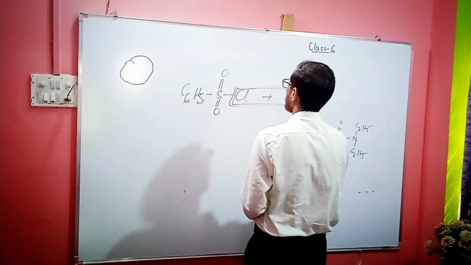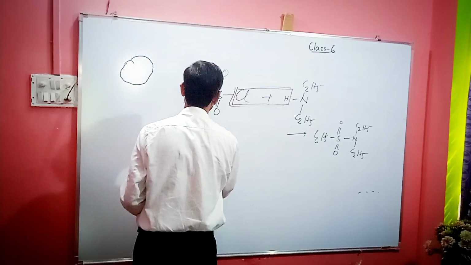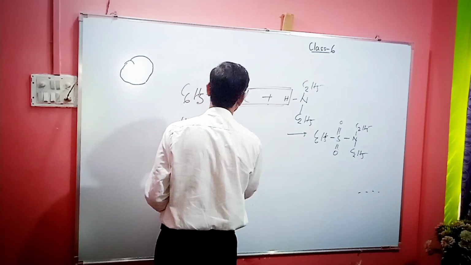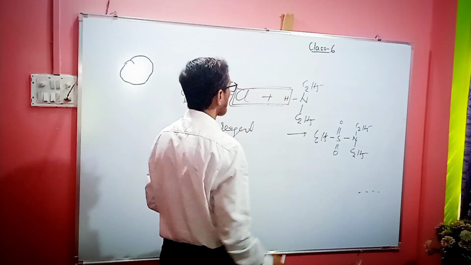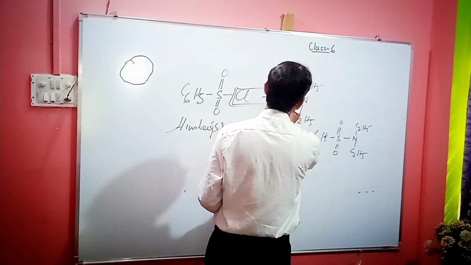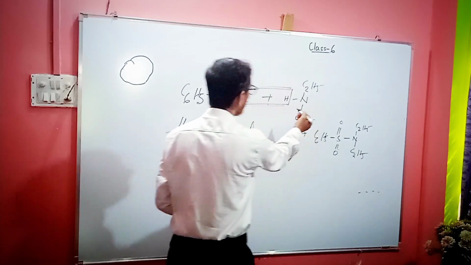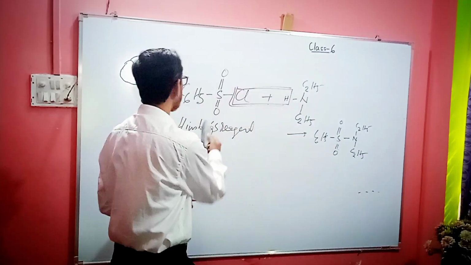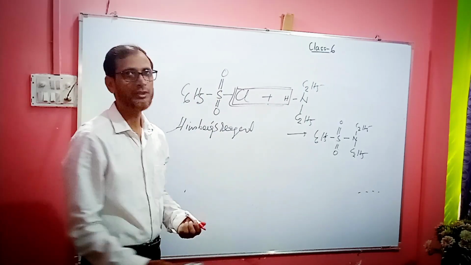And this is Hinsberg reagent. And that reacts with amine having hydrogen, that is 1 degree, that is primary and secondary amine. If it is 3 degree amine, it will not react with this one. Hence Hinsberg reagent is used for distinction of 1 degree, 2 degree and 3 degree amine.